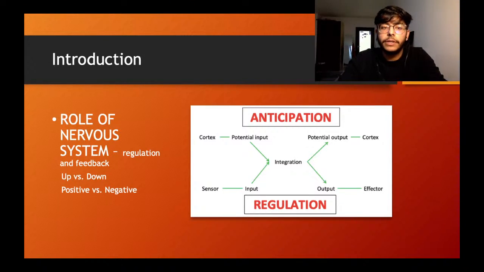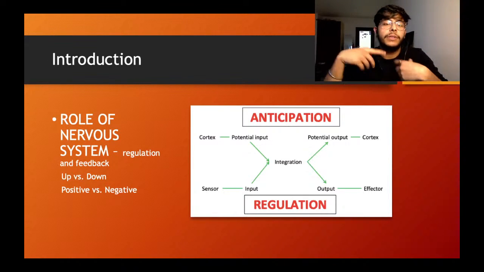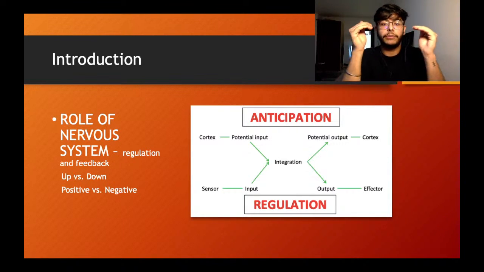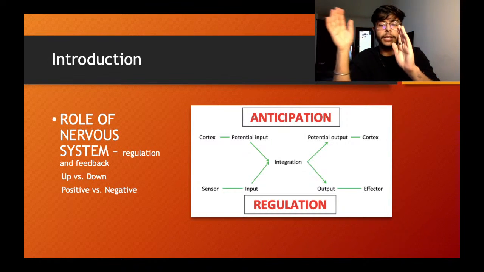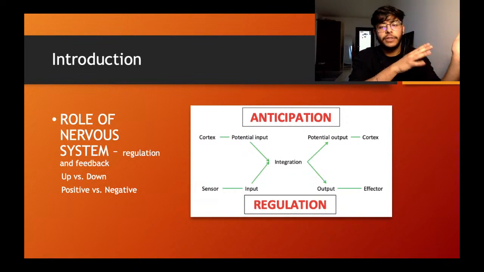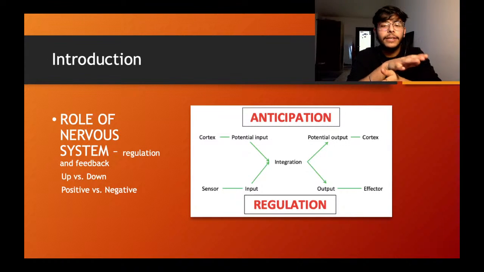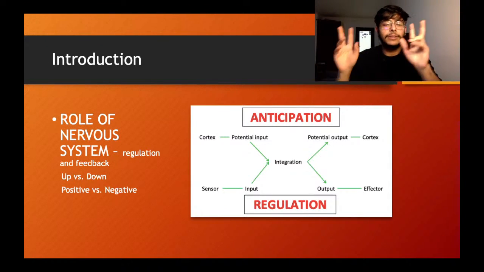Why I'm telling you this is because these two terminologies are more often than not interspersed, and that usually leads to teachers being confused. So I really want you to understand that up and down regulation versus positive and negative feedback are not completely separate and different things, but two different things in terms of terminology.